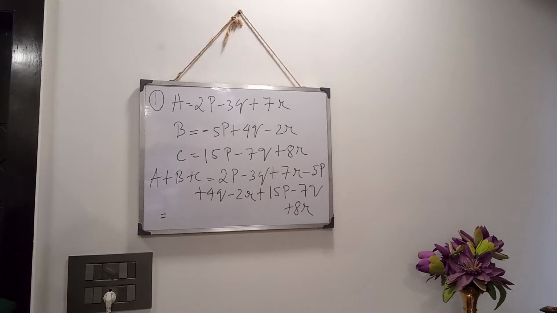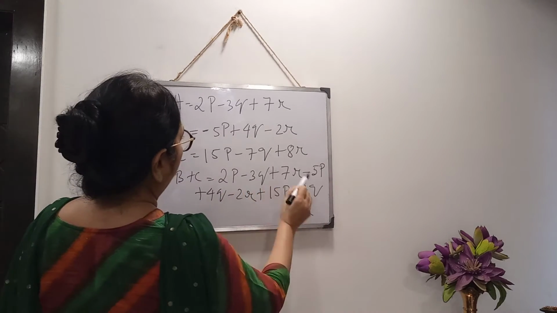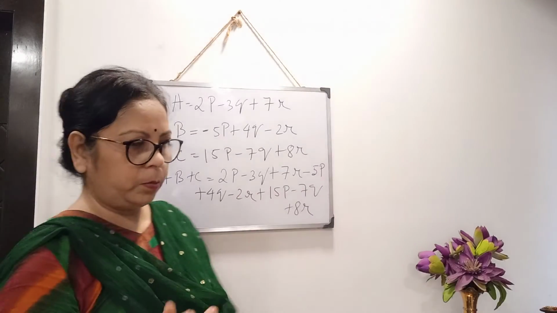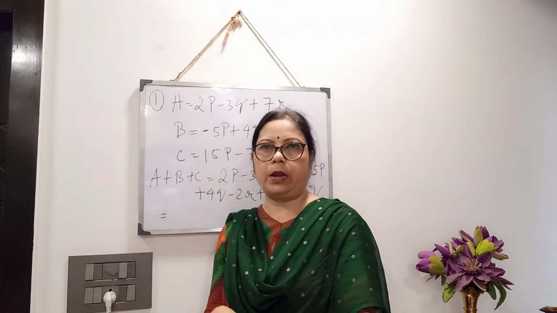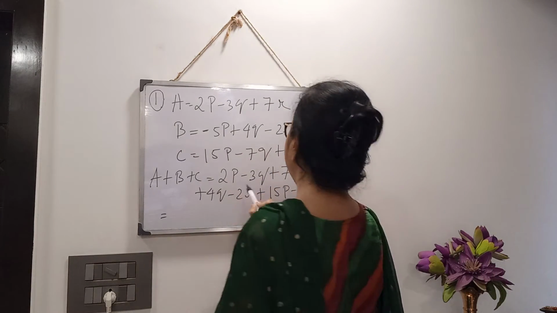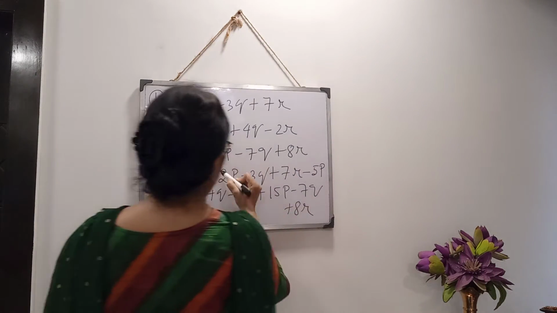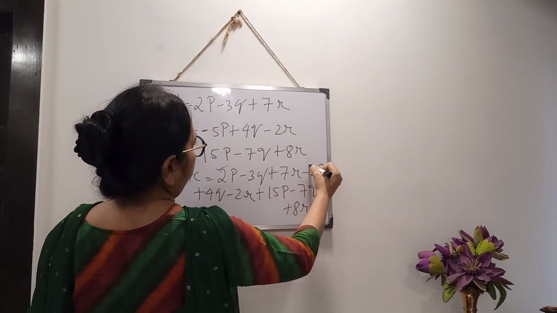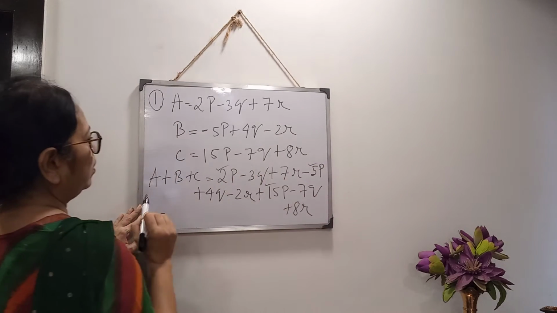Now there are terms related to p, q and r. So you know in algebra, like terms you can add or subtract. So here like terms means p related terms we have to find out. There is p, there is p, there is p. Clear?